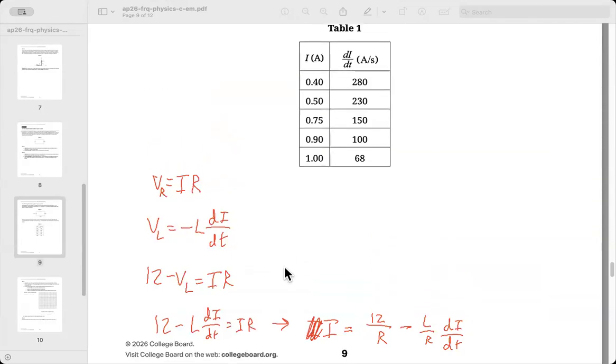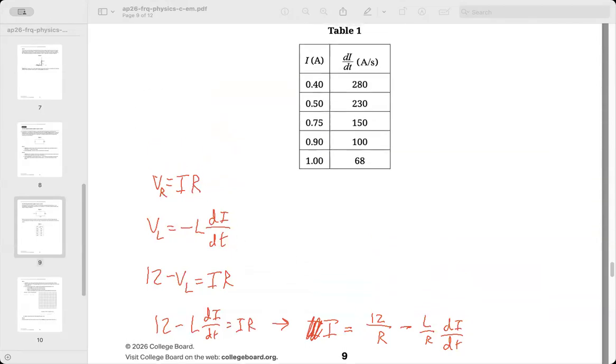So that works. I'm going to go ahead and create a data table. I still have Desmos open, so I can create my graph and show you the results. I'm going to plug in my dI/dt values: 280, 230, 150, 100, and 68.